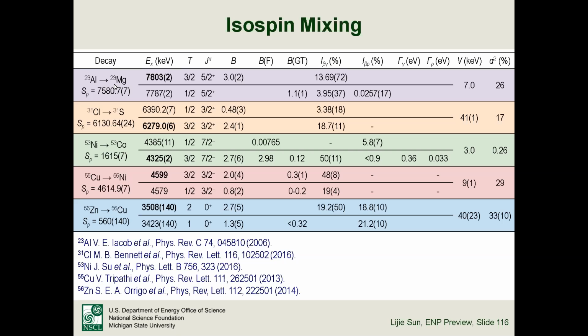So I believe these are cases that are already well measured. I guess the only one that remains unsolved is this aluminum-23 decay to magnesium-23, because the previously determined Fermi transition strengths just don't add up. So this one definitely needs more work to investigate.